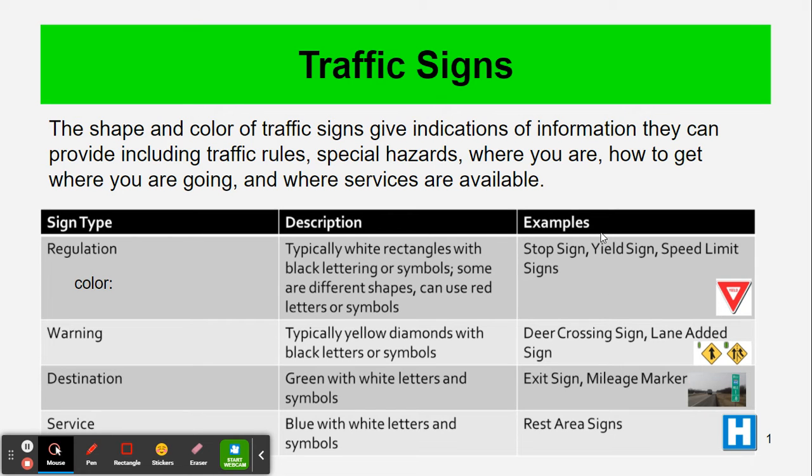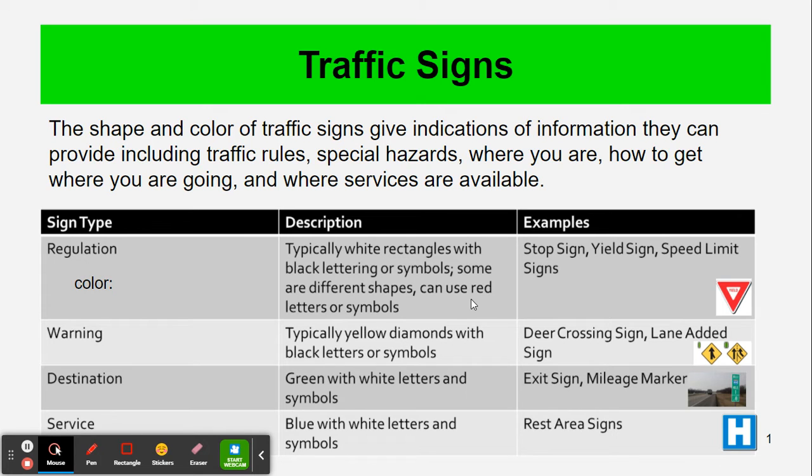Okay. Traffic signals. The shape and color of traffic signs give indications of information they can provide, including traffic rules, special hazards, where you are, how to get to where you are going, and where services are available, right? So we have signs when it comes to color, for example, typically white rectangles with black lettering or symbols.